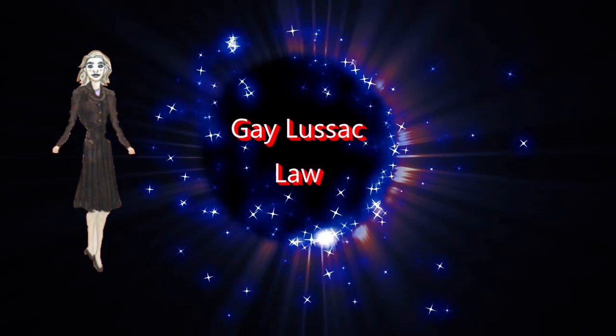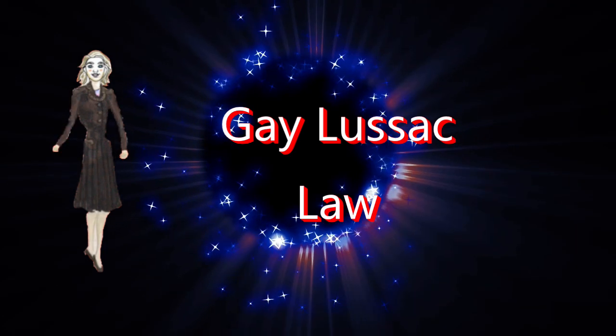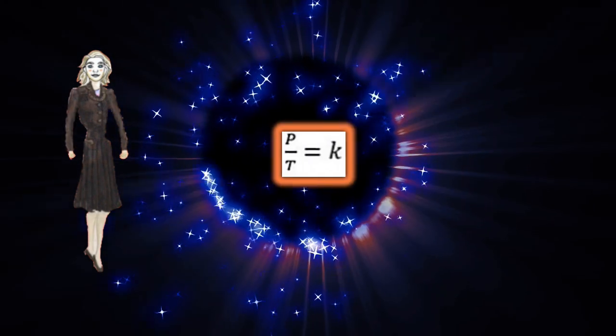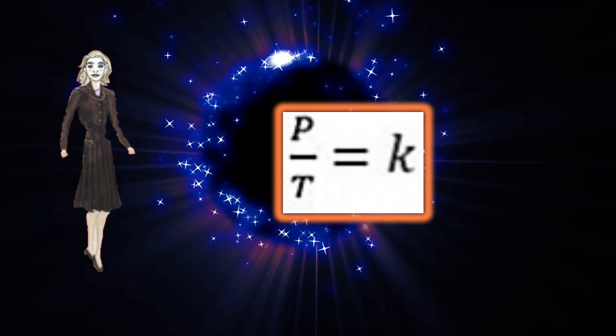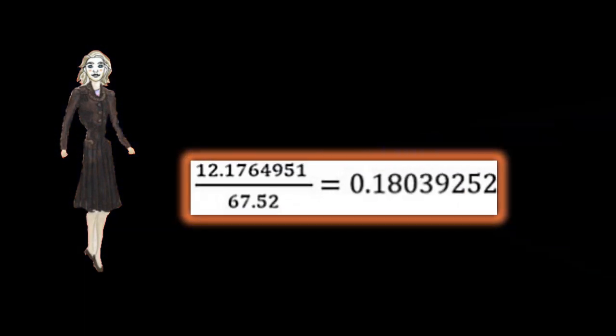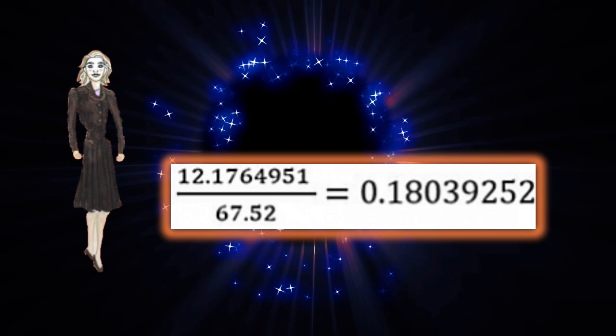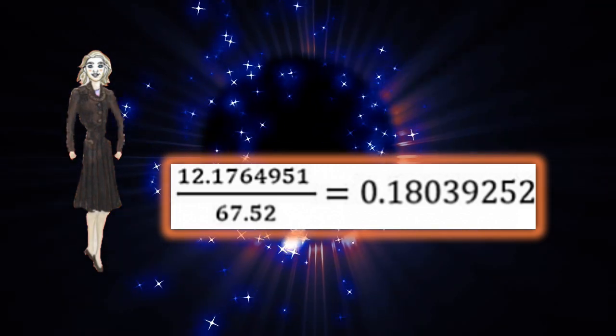So, do a recalculation again using the Gay-Lussac law, which is P divided by T equals K, where P is pressure, T is temperature, and K is a constant, gives this: 12.1764951 divided by 67.52 equals 0.180392252.